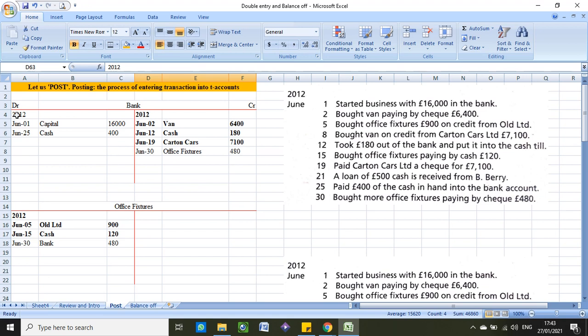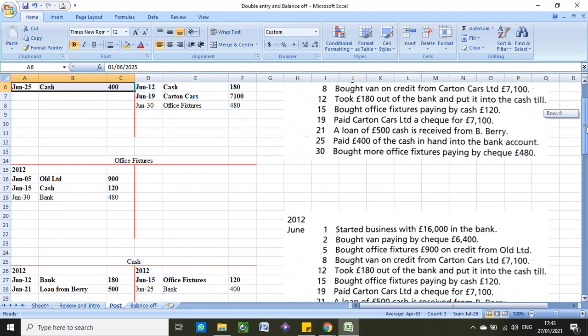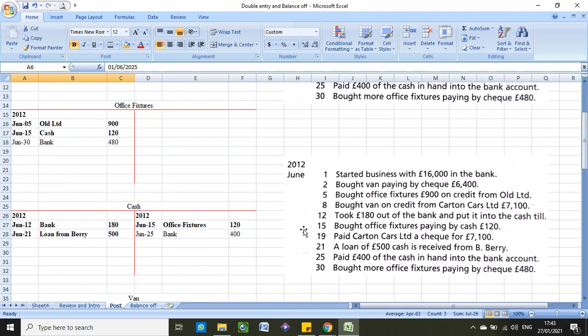We will have more money at the bank. That transaction is reflected right here. June 25th, the bank went up by $400 because we brought in cash. I can go to the cash account and I should be able to find a similar entry but on the credit side. So cash went down, credit entry, by $400 because we took some cash to the bank.